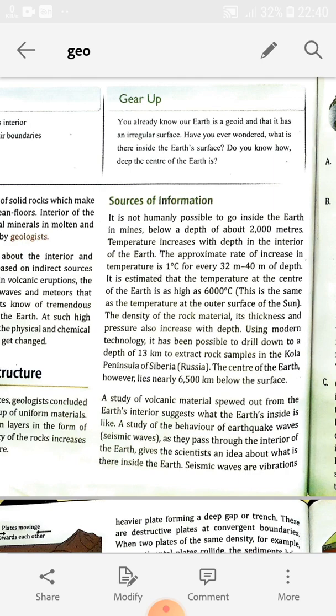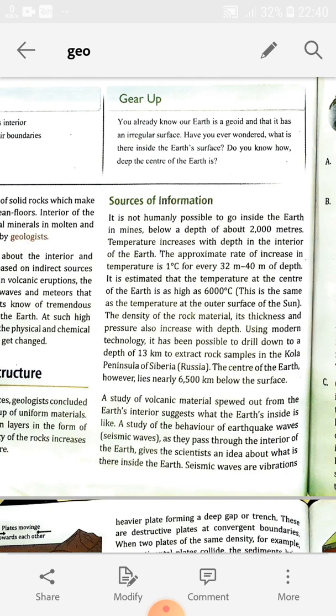We also get to know about the interior of the earth from rock samples. The rocks that come out during volcanic eruptions also give us some idea about the interior of the earth. Not only the rock material of volcanic eruptions, but also earthquake waves. We all know what an earthquake is; it is when the earth trembles.